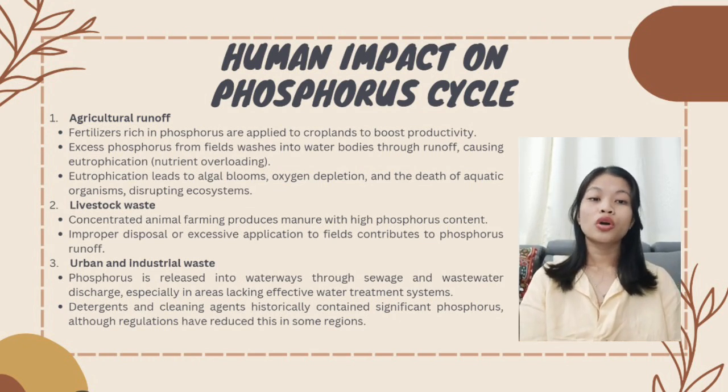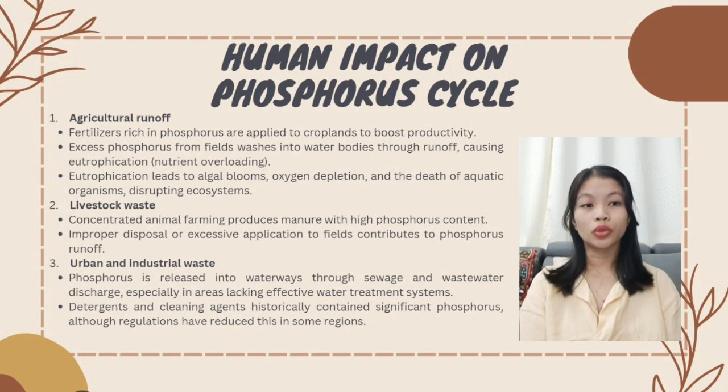Next, livestock waste from concentrated animal farming is another significant contributor to disruptions in the phosphorus cycle. The manure produced by large-scale animal operations contains high levels of phosphorus, which, when not managed properly, can become a major source of nutrient pollution.